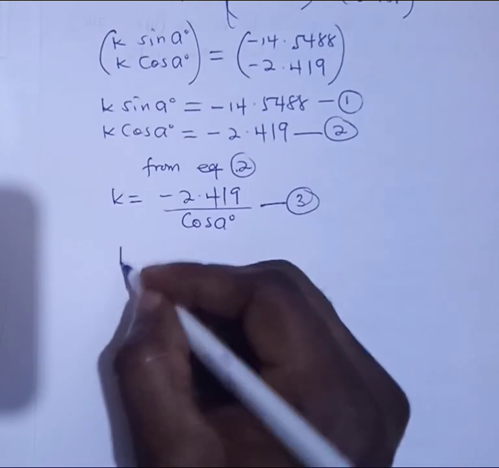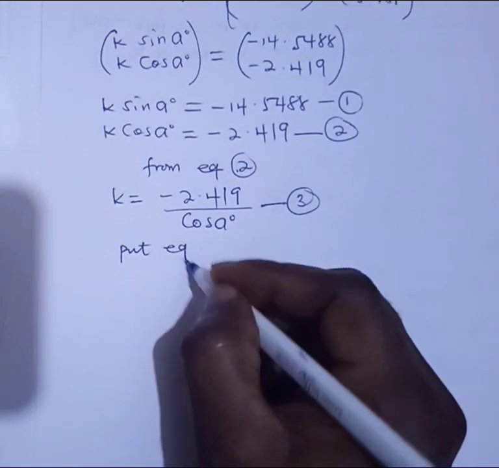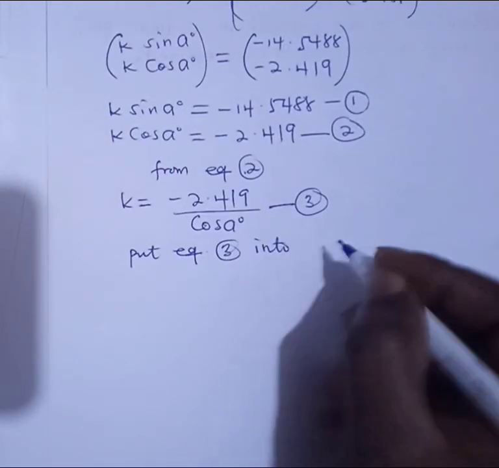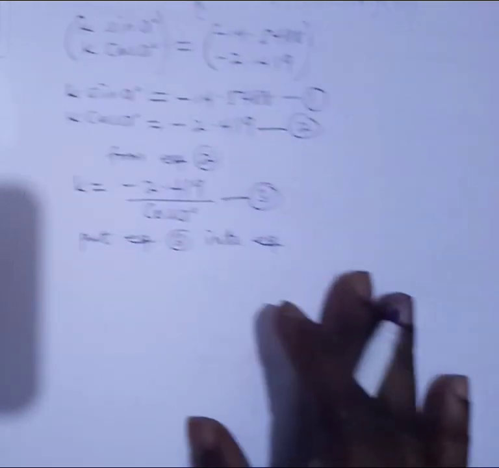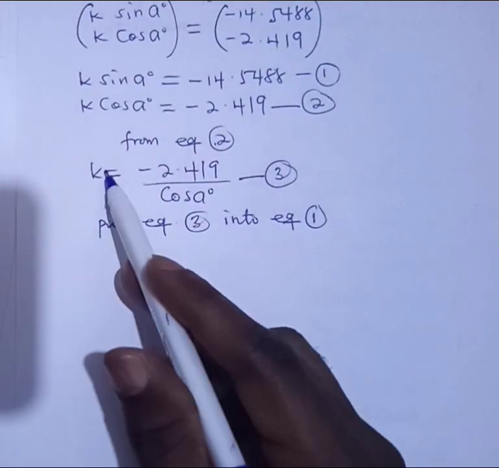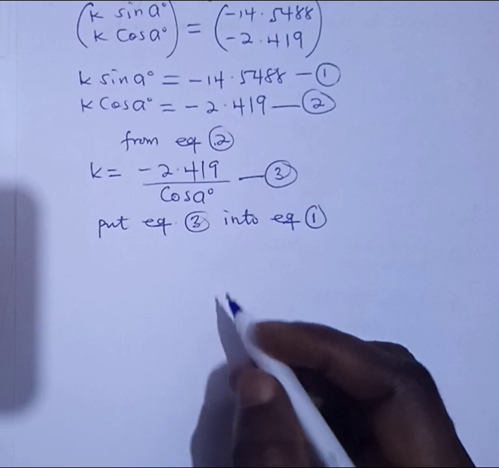So once we have this equation, then we can substitute equation 3 into equation 1. Okay, so it means wherever we see k, then we put this one here.